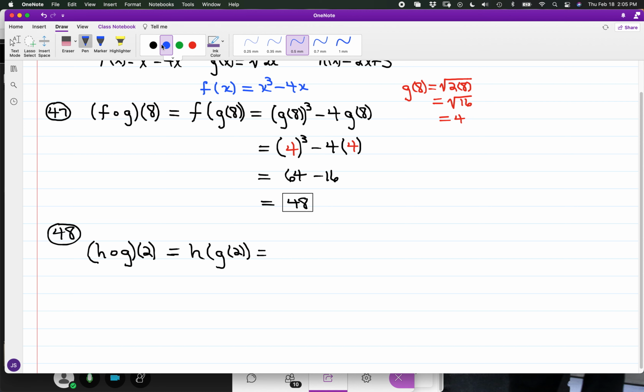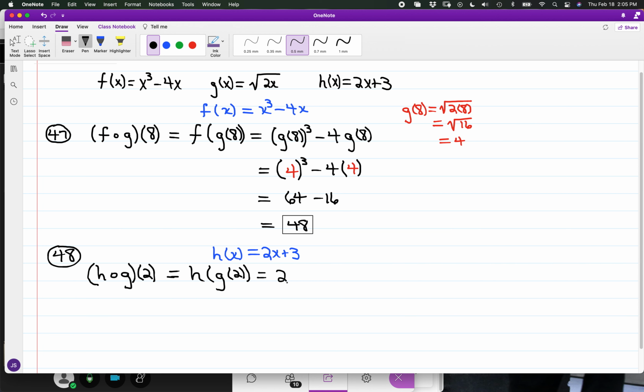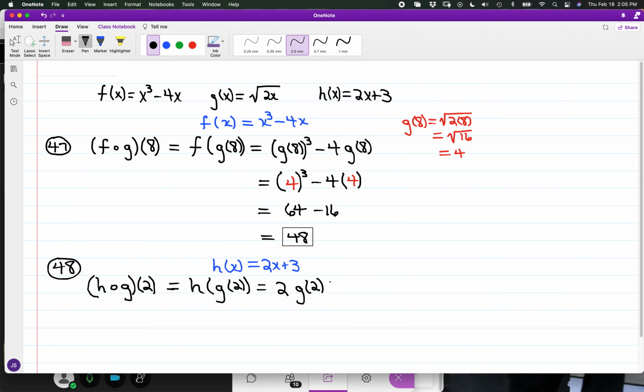With g of 2 as the input, the output operation is h. For any input, h is equal to 2 times the input plus 3. With g of 2 as the input, we have 2 times g of 2 followed by the addition of 3.